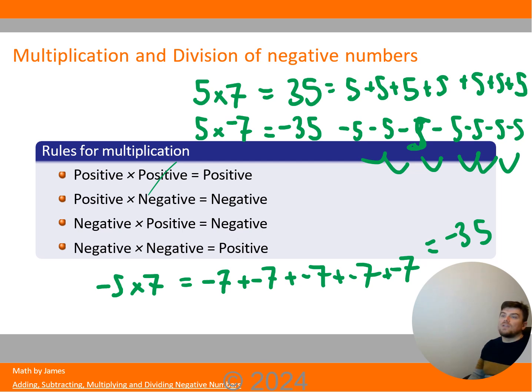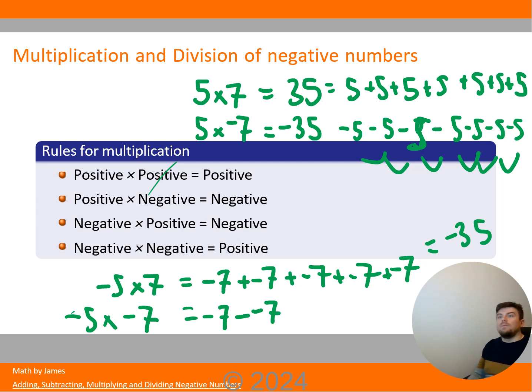And then a negative times a negative, which is minus 5 times minus 7, is like minus 7 minus 7.